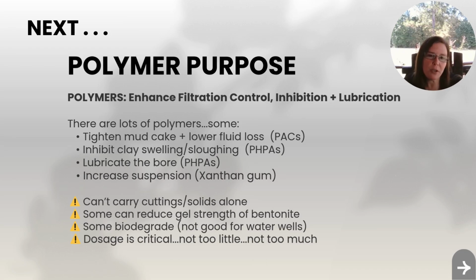All right, so we have some polymers out there called PACs. Now, I'm going to go ahead and tell you that stands for polyanionic cellulose. You don't have to remember that. That's why we shorten it and we say PACs. But these are polymers that help enhance the bentonite platelets or particles. And they help the filter cake become very, very thin.